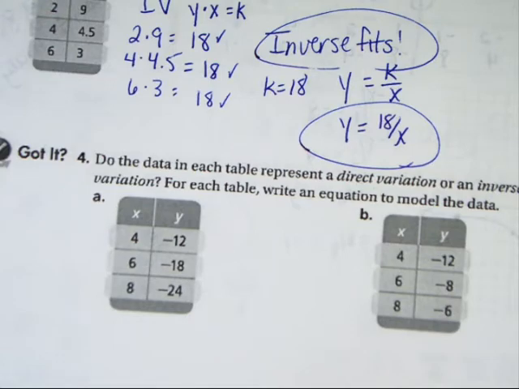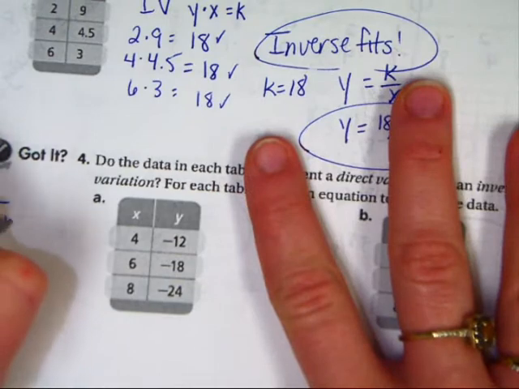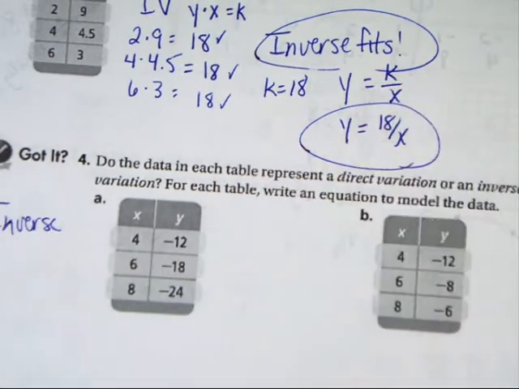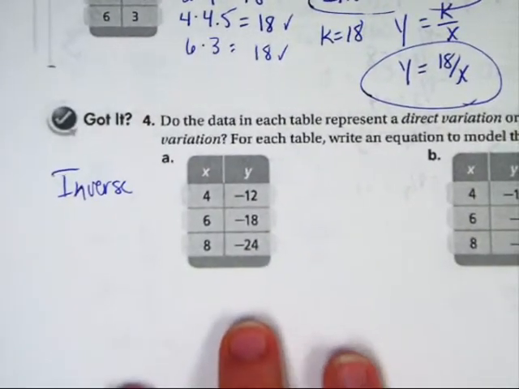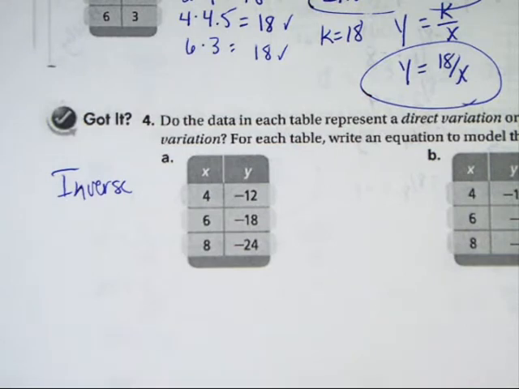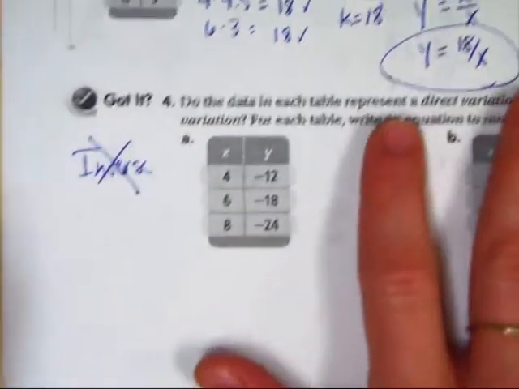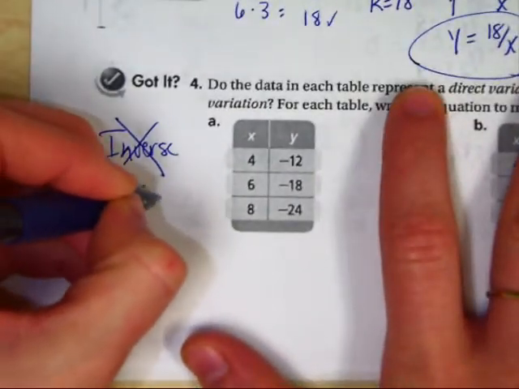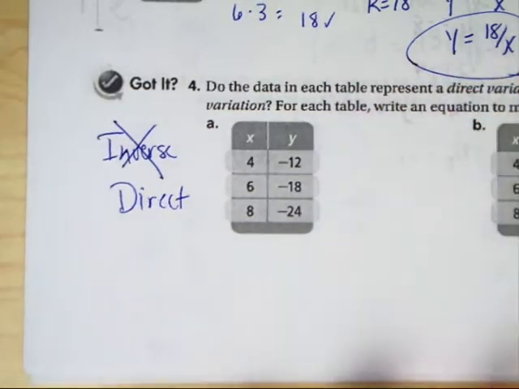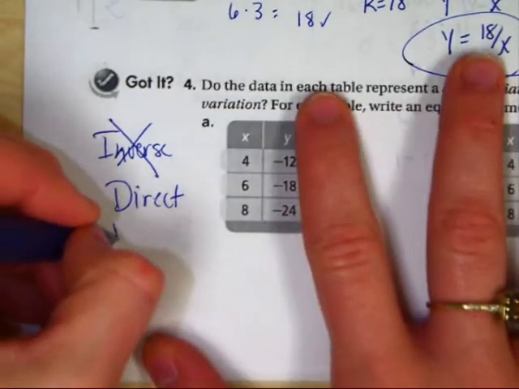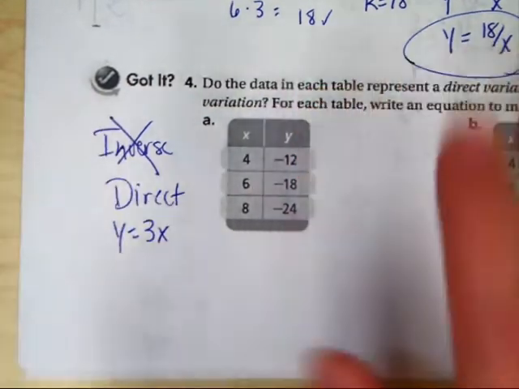Got it? A. I hope that you found it was inverse. I also hope that you found that your constant of variation, excuse me, it's not inverse. It is, my sticky note, it's direct. The inverse didn't work. You should have got that this one is direct, and I'm hoping that your equation is y equals 3x.